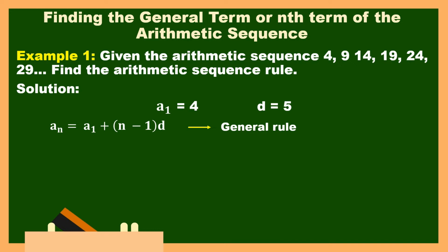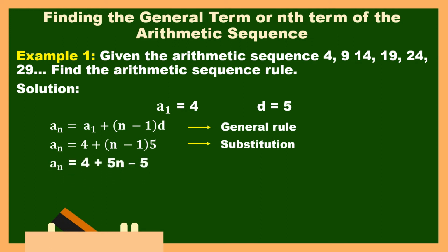A sub 1 is equal to 4 and d is equal to 5. So, substitute to the general rule, magiging a sub n equals 4 plus the quantity of n minus 1 times 5. Then, we will simplify.